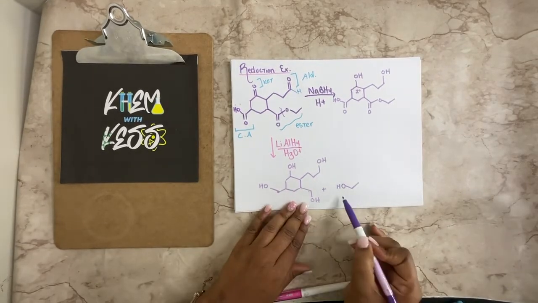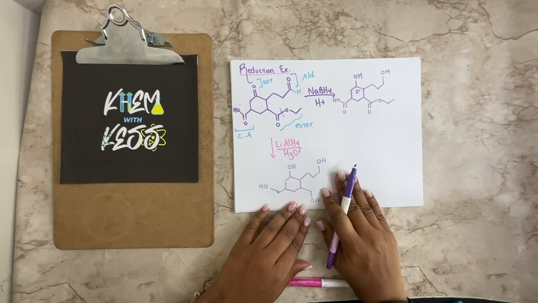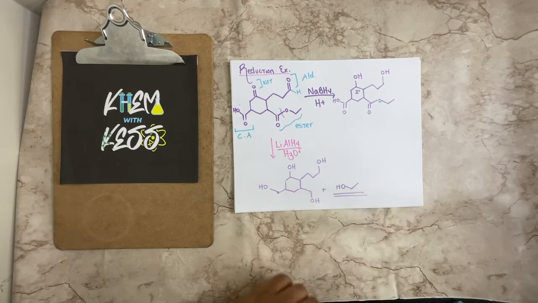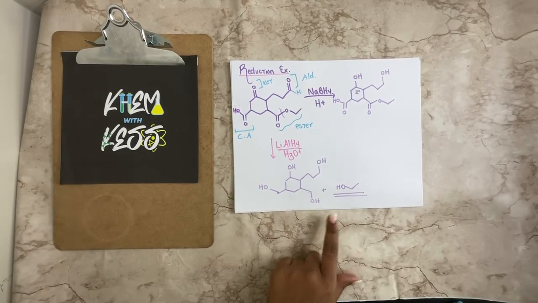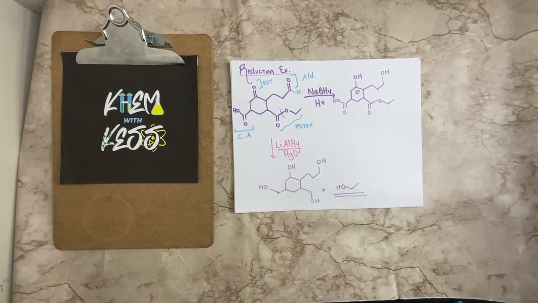And sometimes on the exam, instructors don't tend to show this piece because they automatically assume it's a byproduct. No one really cares about that. So just in case you don't see it, it's still there, but know that esters will always break up into two. So really use your oxidation and reduction charts together when studying.